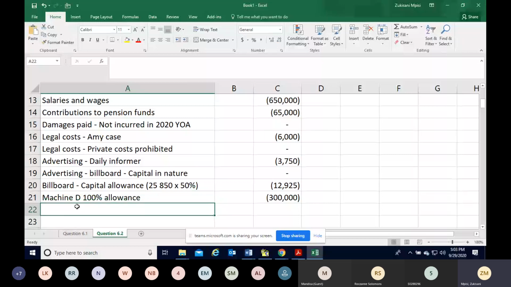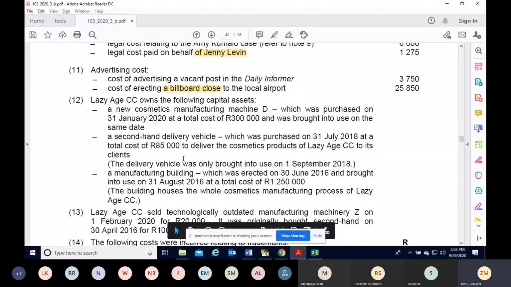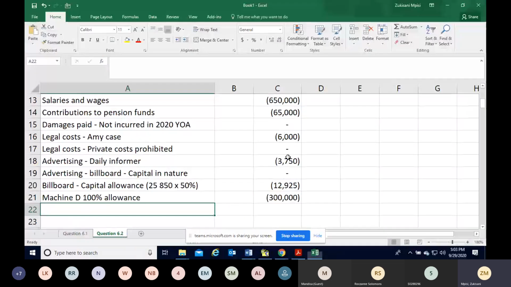So we've got machine D at 300,000. Then a second-hand delivery vehicle, which was purchased on 31 July at a total cost of 85,000 to deliver cosmetic products for Lazy CC. So the delivery vehicle therefore forms part of non-manufacturing assets.